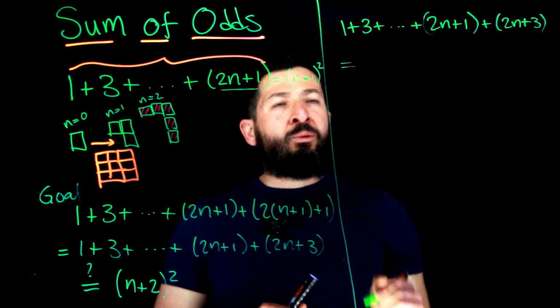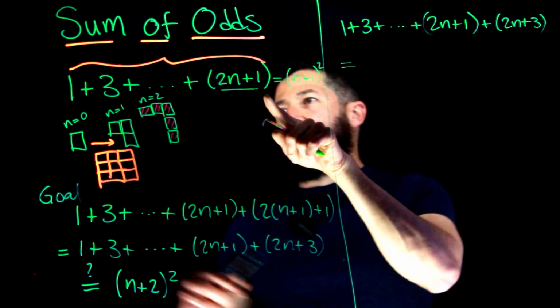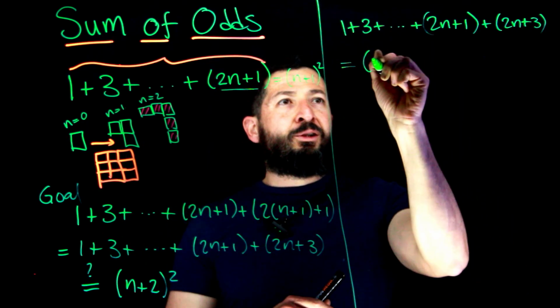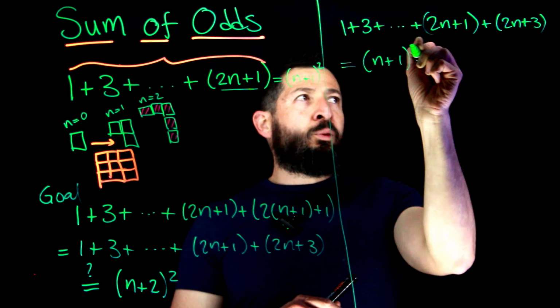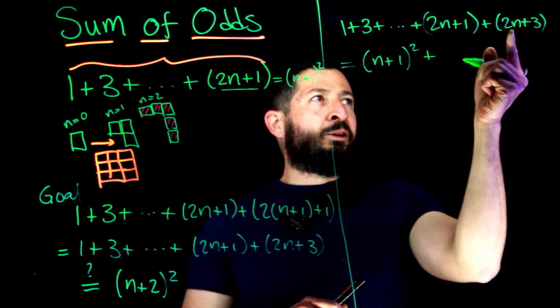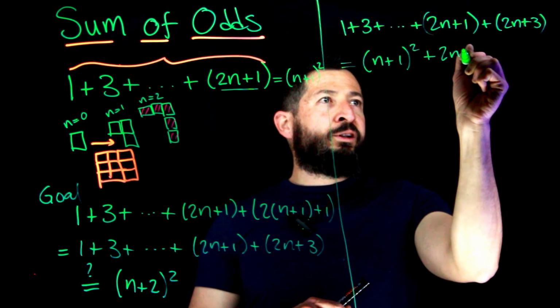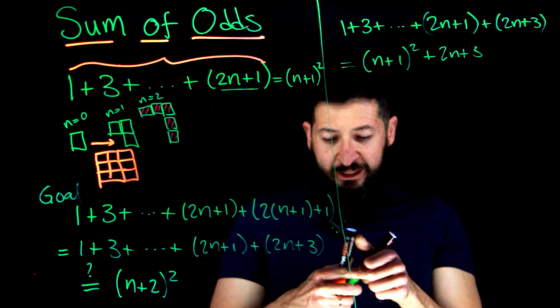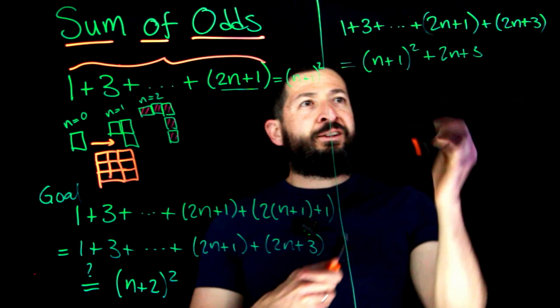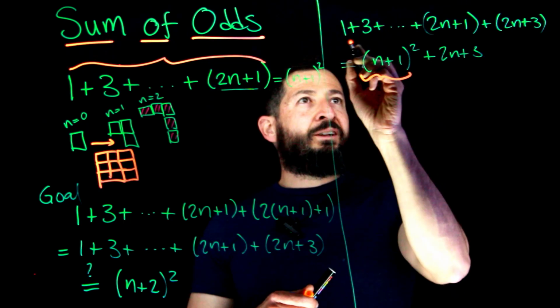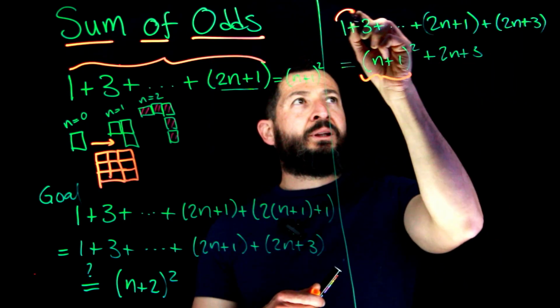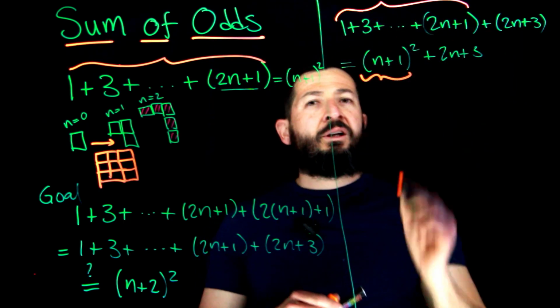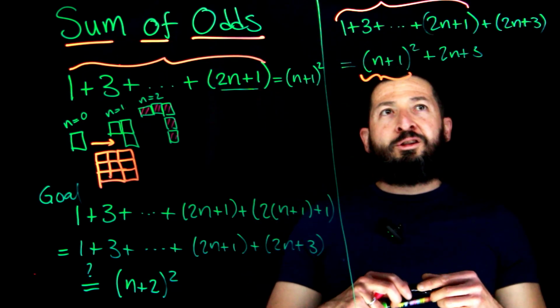And that's going to be equal now, I'm going to assume my induction hypothesis is that this is going to be n plus 1 squared, and I'm going to keep my 2n plus 3. I just substituted in my inductive hypothesis that says that this big sum equals n plus 1 squared.